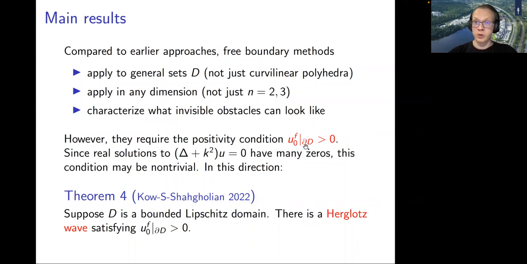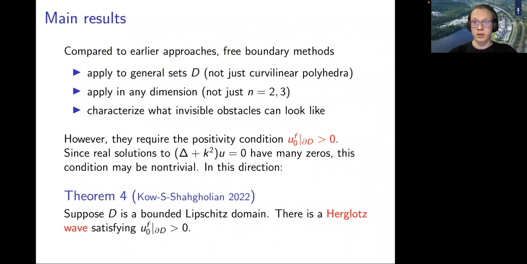And this is actually a restriction, which is not present in these corner scattering results. And actually some of the hard work in the corner scattering result is to prove these results without assuming this kind of non-vanishing condition. And this condition is somehow non-trivial, because if you have, let's say, any real valued solution of the Helmholtz equation, then typically it will have many zeros.